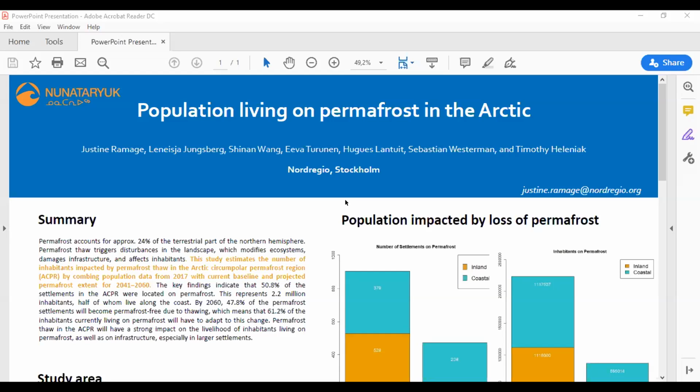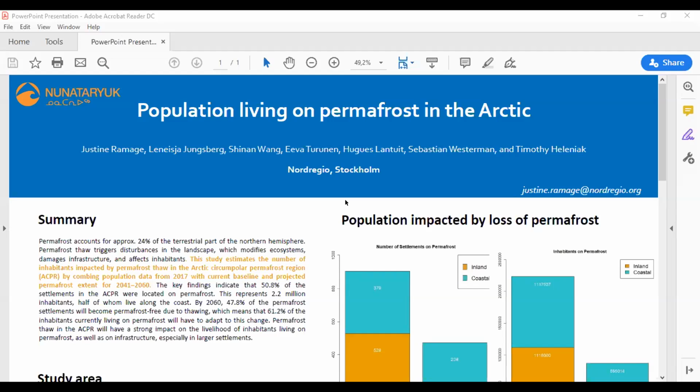The study was initiated because a large part of the Arctic is underlain by permafrost, and because of permafrost thaw, there are more and more consequences in different settlements in the Arctic, but there are no data on how many people live on it and how many settlements are built on this permafrost.